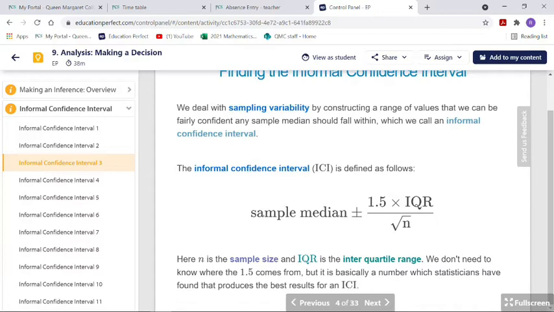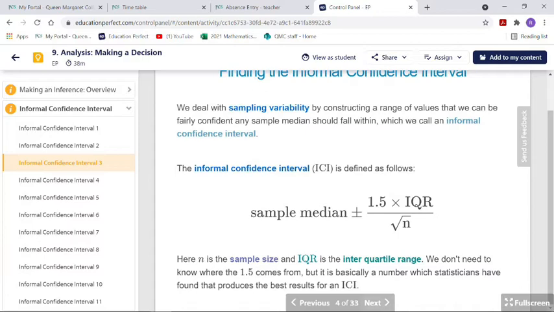You may remember what IQR stands for? Interquartile range, good. Divided by the square root of n, where n is simply the number of pieces in your sample. Okay? So it's just a formula that statisticians derived to give you some idea to kind of level the field for dealing with sampling variability.